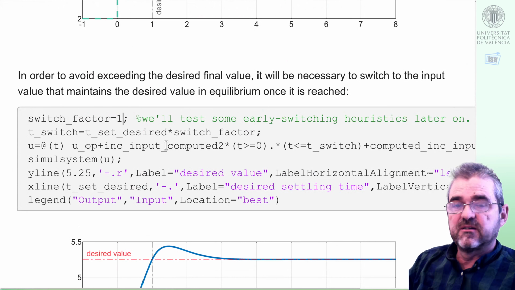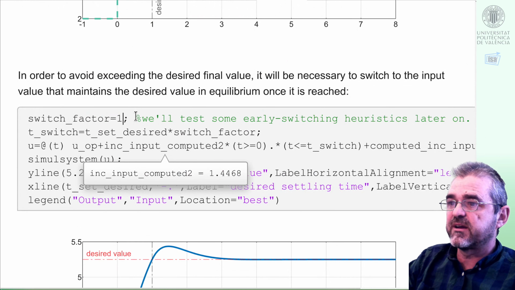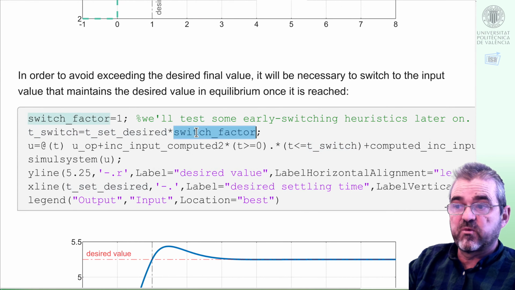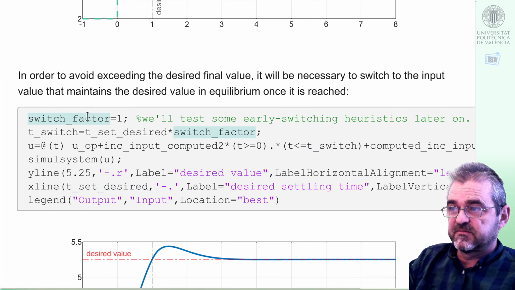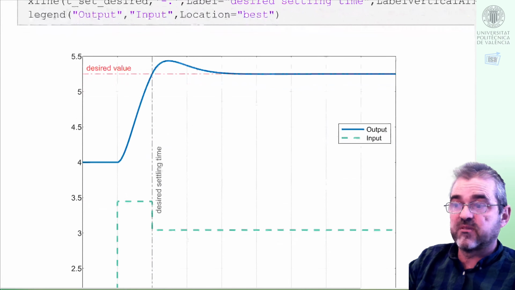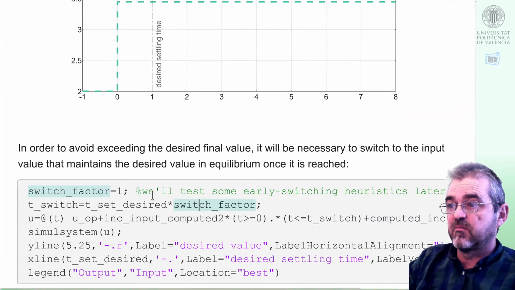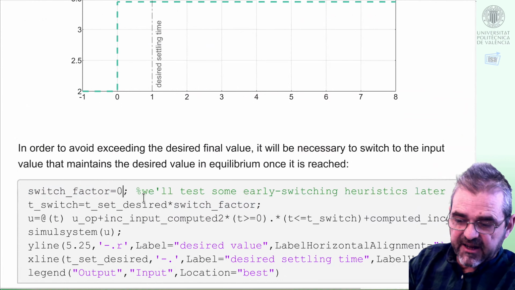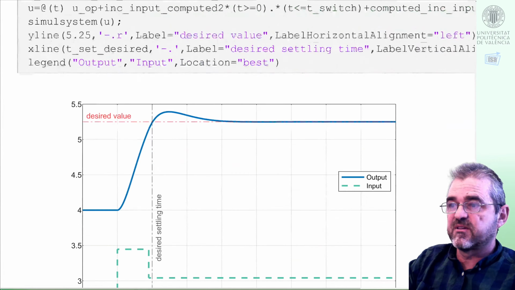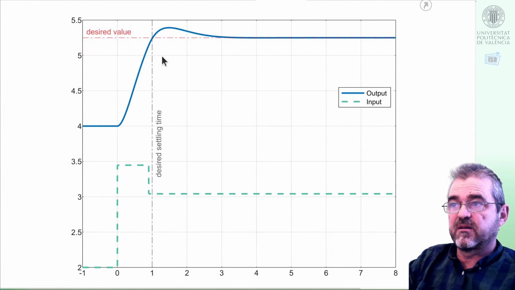I'm here putting in a switch factor of 1, so the time of switching to the second step will be the desired settling time times this switch factor. So I am simulating with a switching factor of 1. I am switching exactly at 1 second, at the desired settling time, and we have this overshoot. But if I switch at 90% of the settling time, then I have this behavior.